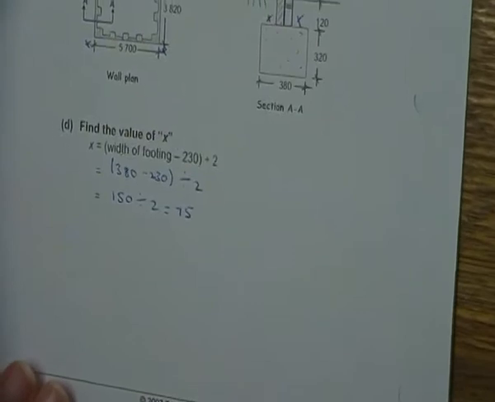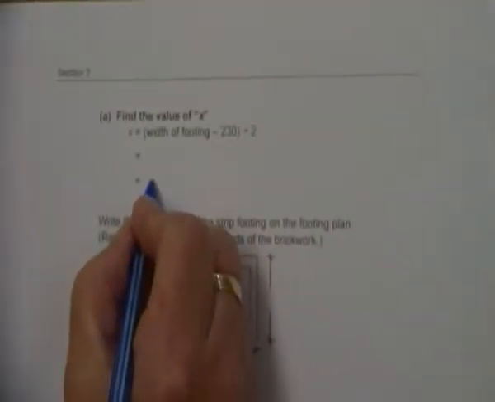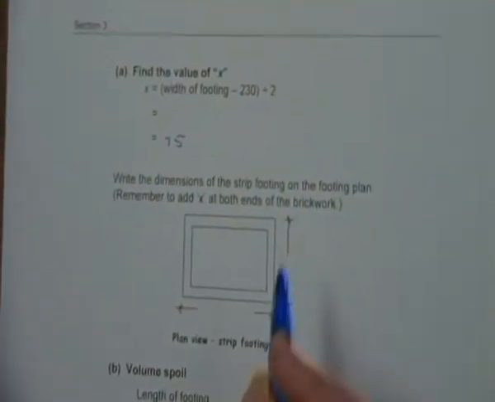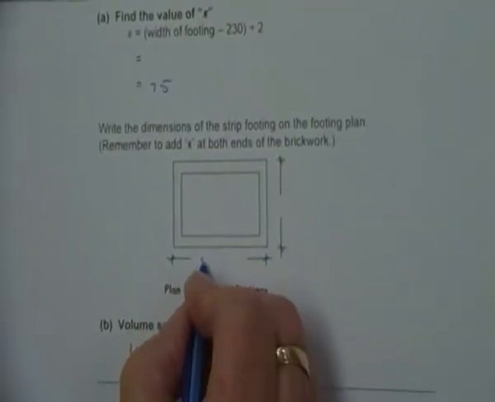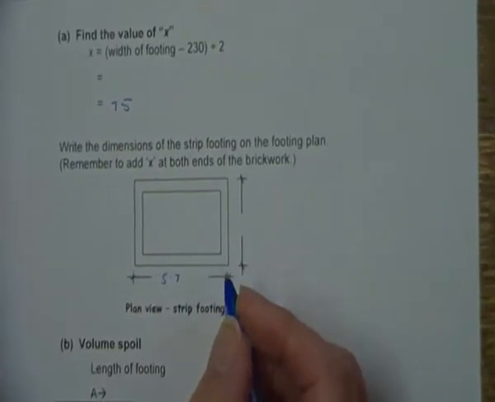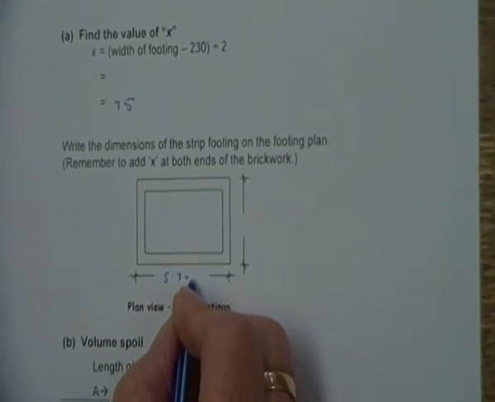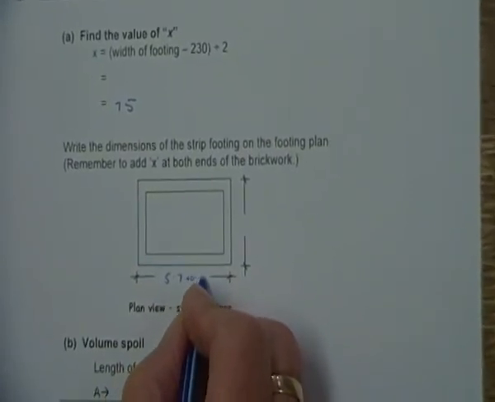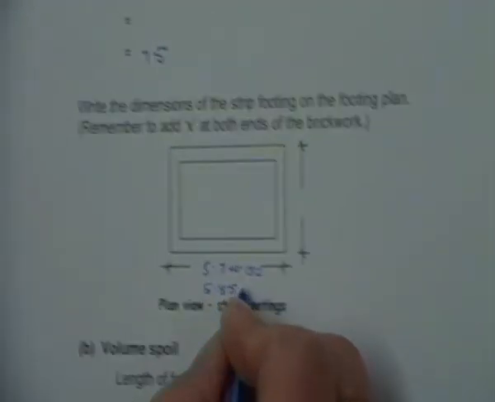Now, if we go up over the page, I don't like this because we're on 2 pages, it's going to be my 75. Now I have to add 75 to each side. So originally I've got 5.7 and I'm adding 75 and 75, which is 150, and I'm going to get my new figure of 5.85.